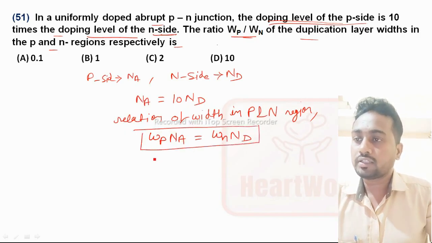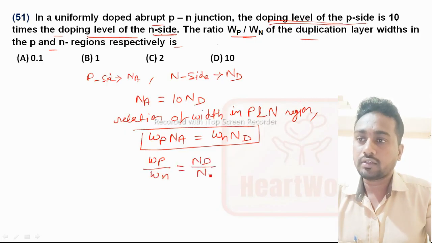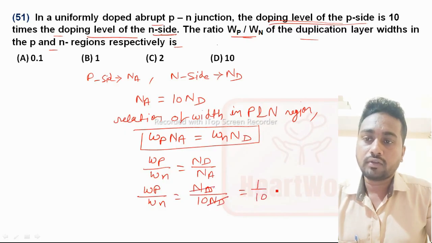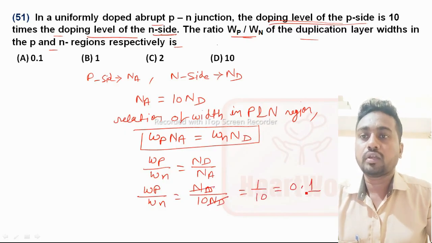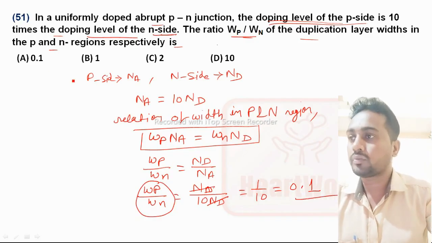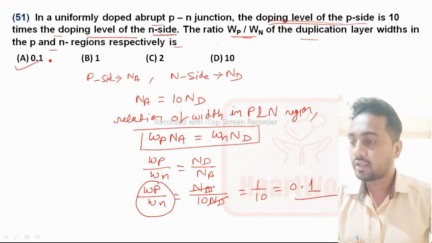We can modify this and write Wp by Wn equal to Nd by Na. So Wp by Wn is equal to Nd, and Na is 10 Nd. Here Nd cancels, and we get 1 by 10, which is 0.1. We had to find Wp by Wn, and it came to 0.1. So option A is the right answer.